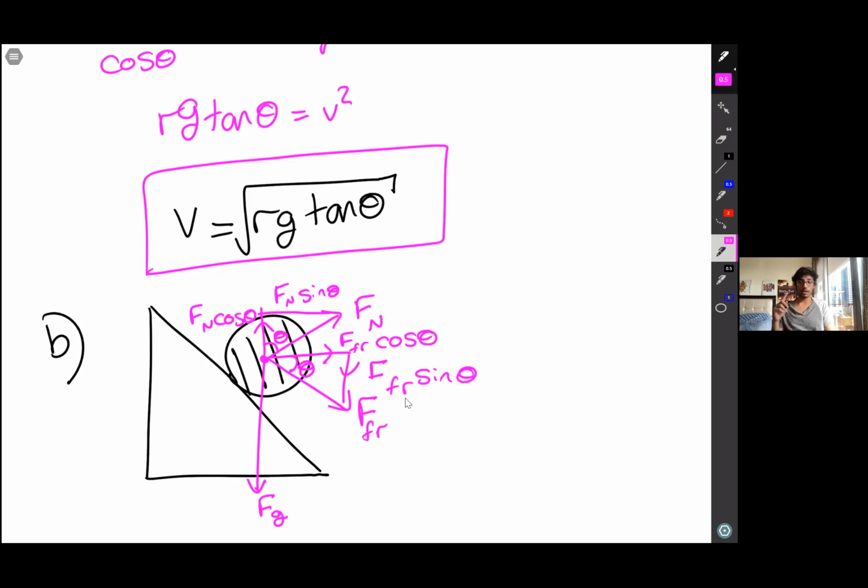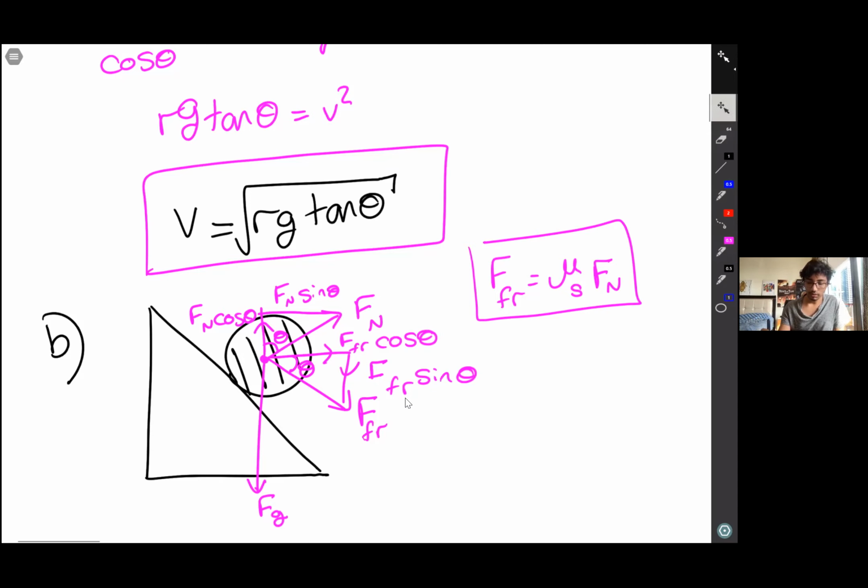Note, we want this car to go without slipping off the bank turn, so the frictional force will be static friction. It's the maximum velocity you can go without sliding off, which is the definition of static friction. Therefore, FFR is equal to mu s Fn. That's going to be useful when we make our Newton's second law equations.